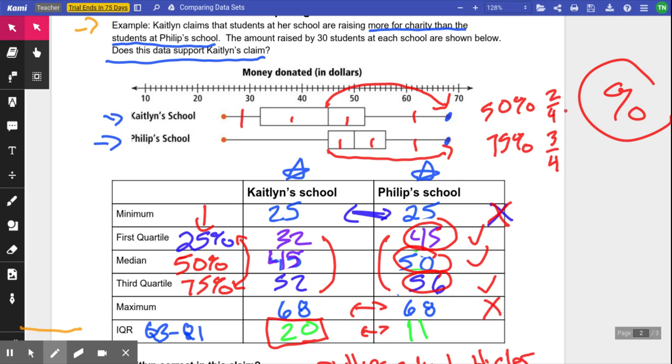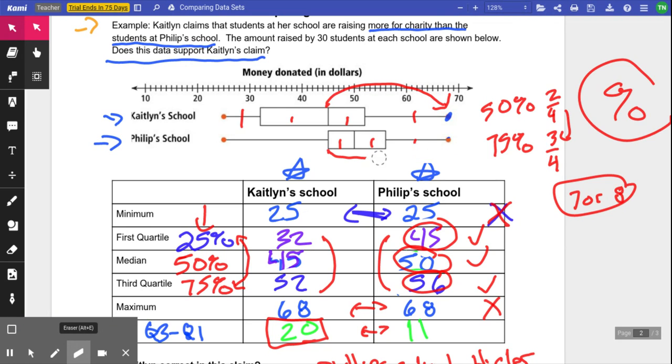There's a lot more people contributing here. In a span of 30, that's around 7 or 8 extra students raising that amount of money more than some of Caitlin's school did, right? You could even say something like, if I want to backtrack and make a claim in the opposite direction towards the lower half, I could say something like the bottom 25%, right? This is one whole piece for Philip's school.